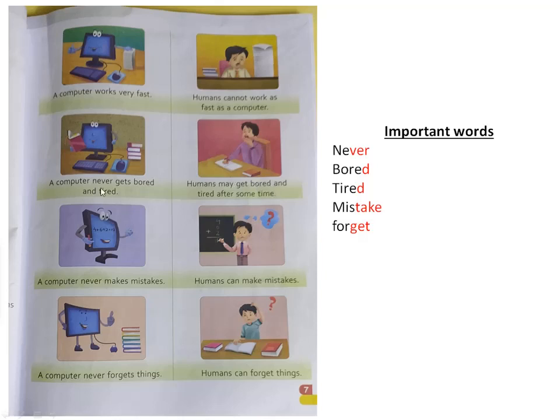Yeah, but computer never gets bored and tired. A computer never makes mistakes. Humans can make mistakes. A computer never forgets things. Humans can forget things, right? We can forget things, but computer never forgets things, right?